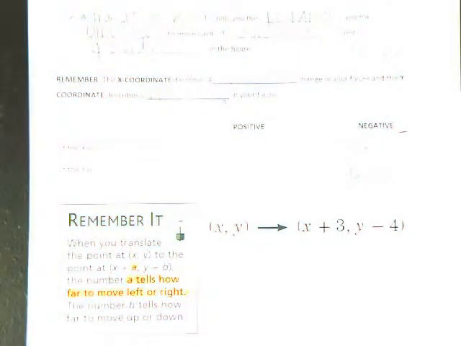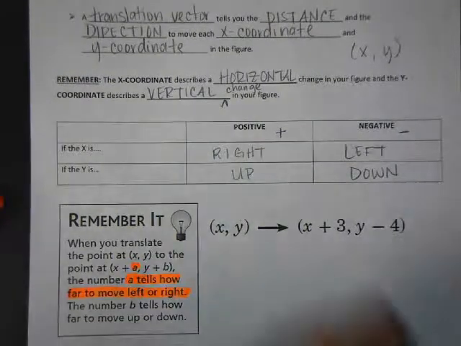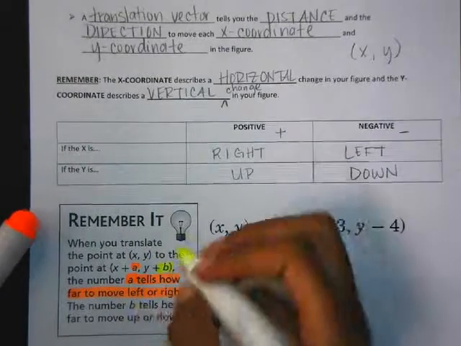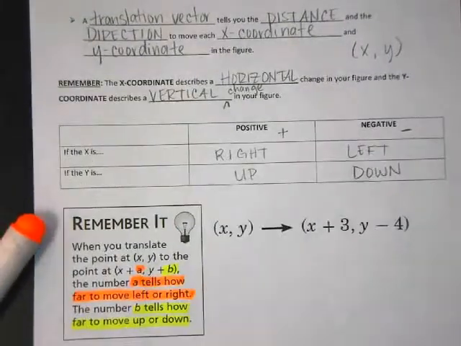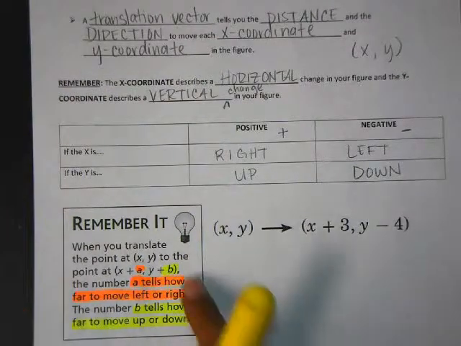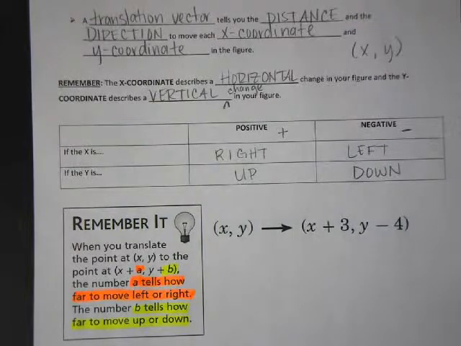The number b tells you how far to move up or down. And that's basically everything we said in this table. So a is going to tell you whether to go left or right, and b is going to tell you whether to go up or down.